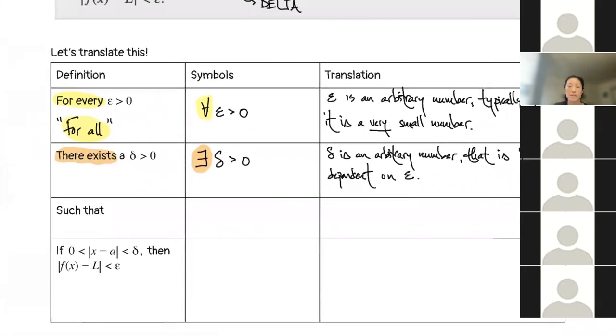So for every epsilon greater than 0, there exists a delta greater than 0. For some really small number associated with the y values, there is a small number associated with the x values. And the delta, the one that goes with the x values, is actually dependent on the one that goes with the y values, the epsilon.